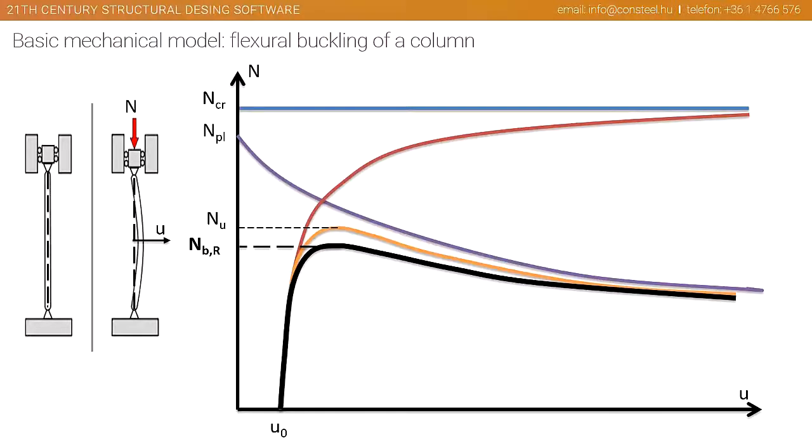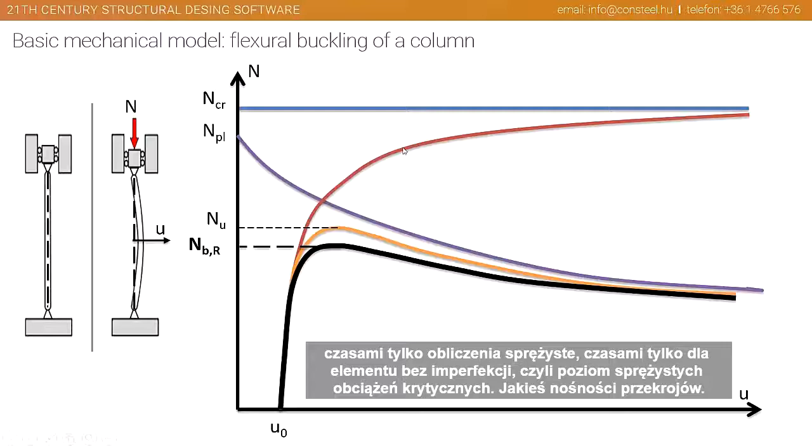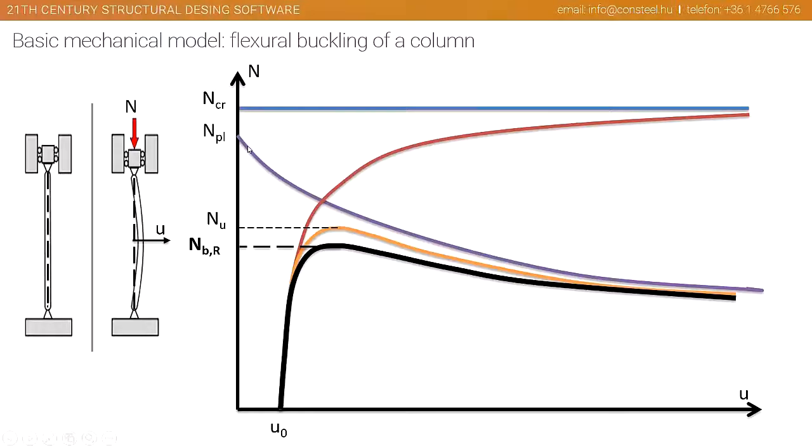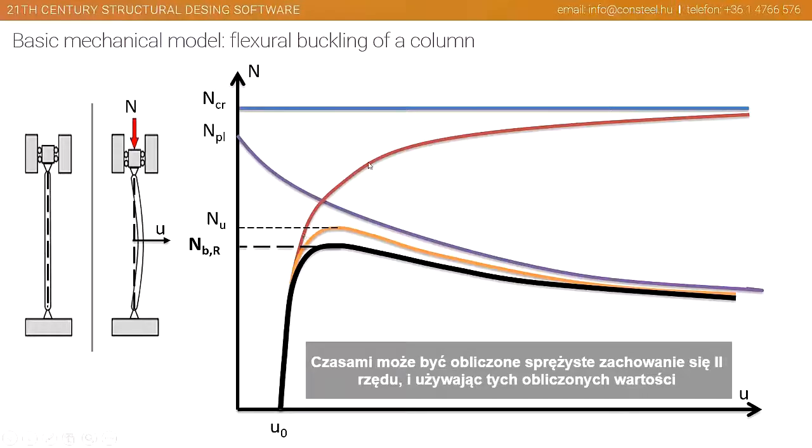What we have is only some kind of elastic calculation, sometimes only on the perfect member, so the elastic critical load level somehow, the cross-section resistance, this is again what we have, and sometimes the second order elastic behavior can be calculated. And using these calculated measures we should somehow determine the real buckling resistance of the member. That is the design issue.